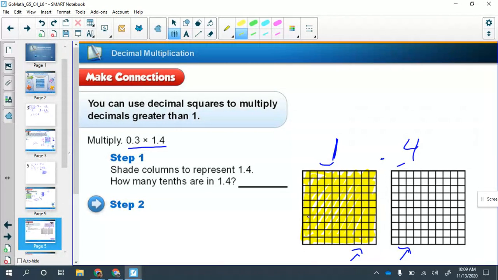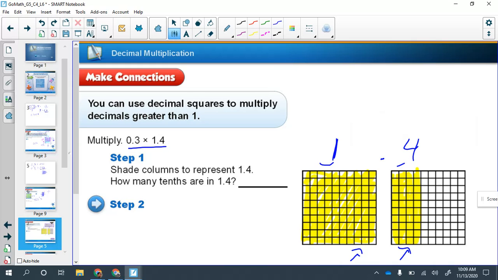That number equals 1. Now, for my second one, though, I'm not going to shade in the whole thing. Here, this is where I'm going to shade in my 4 tenths, right? So I'm going to shade in 4 tenths here. Now, that is my 1 and 4 tenths going across the top.